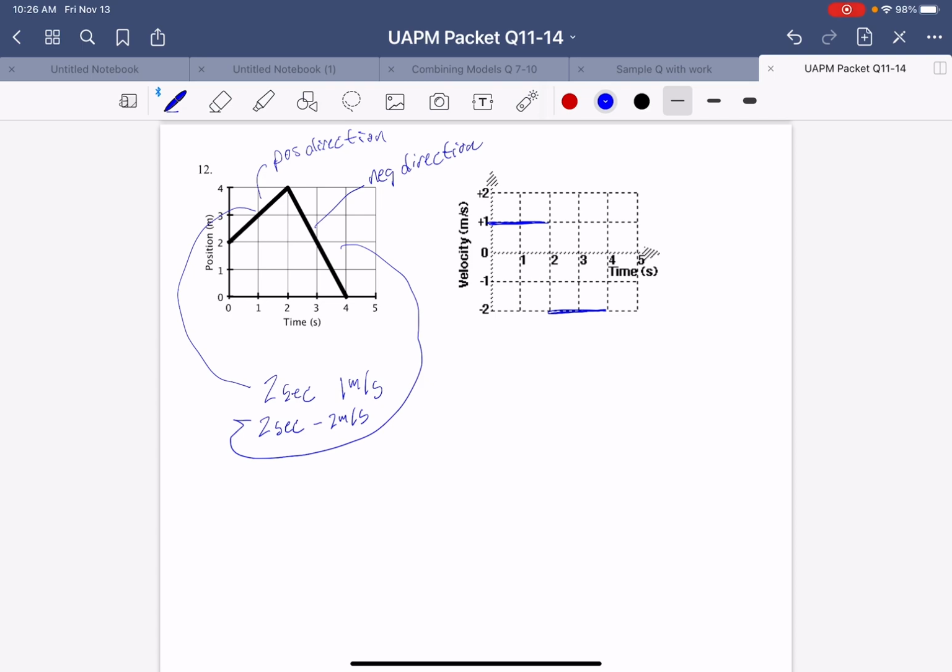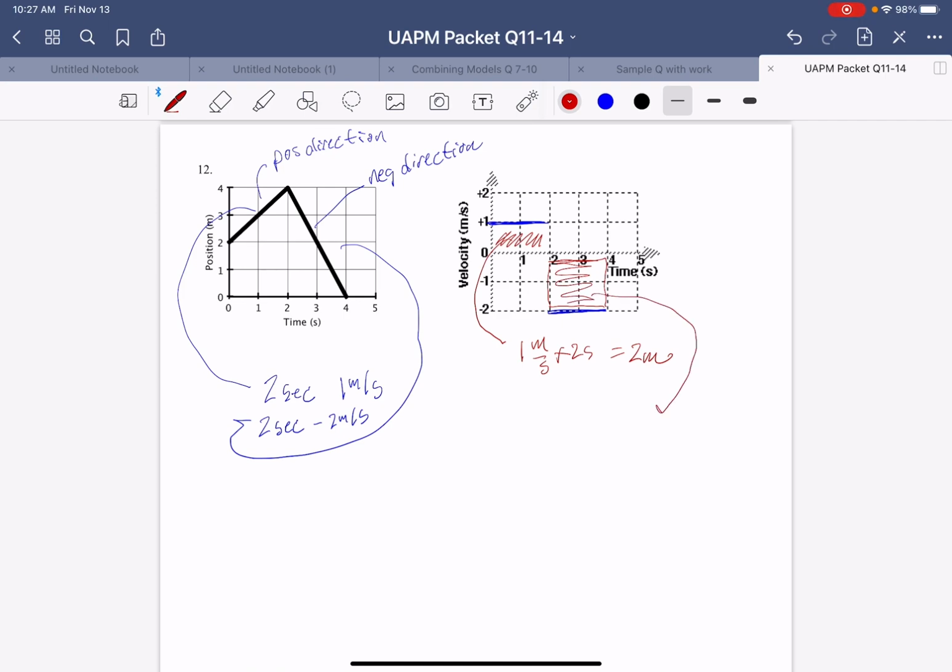All right, so we just learned that to find the displacement, I can find the area. So let's find the area of that part right there. That's 1 meter per second times 2 seconds, so that's 2 meters. Then from the curve to the horizontal x-axis, that is the displacement.